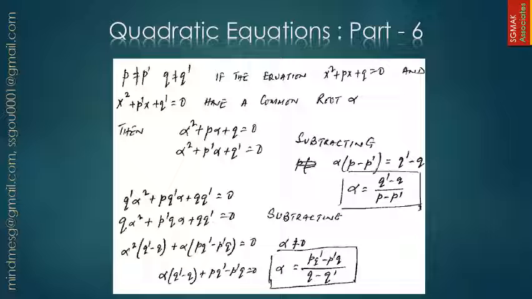So the other value of alpha is (pq prime minus p prime q) divided by (q minus q prime). So the common root has two values, and we are simply finding that through algebraic manipulation. We're utilizing the fact that alpha satisfies both equations. That's all we are doing.